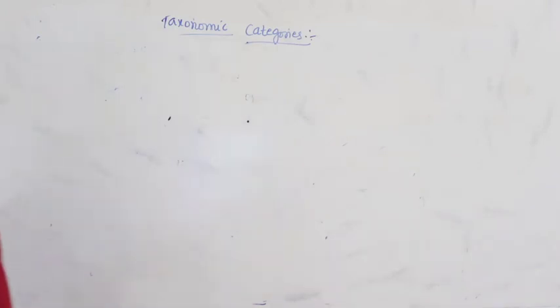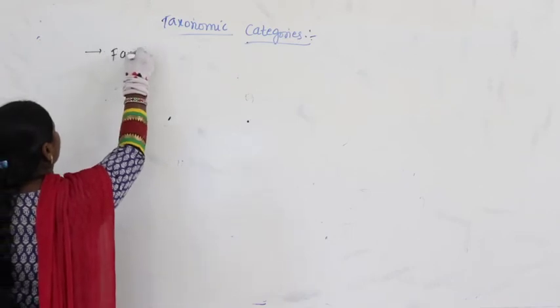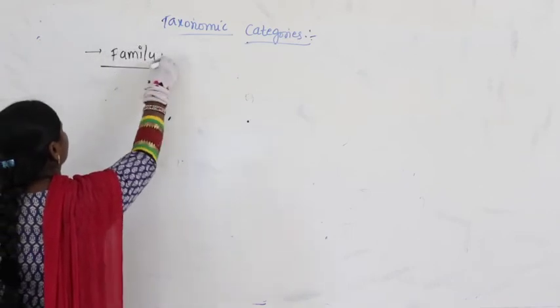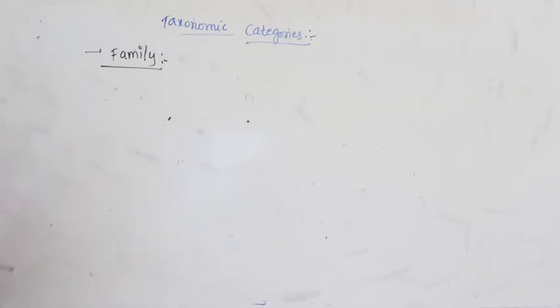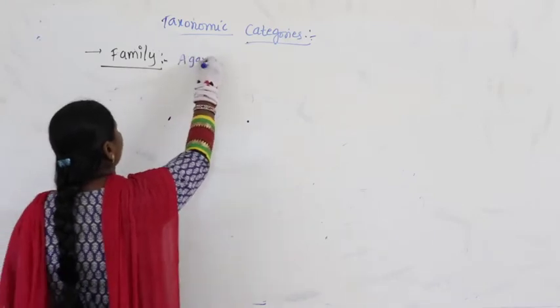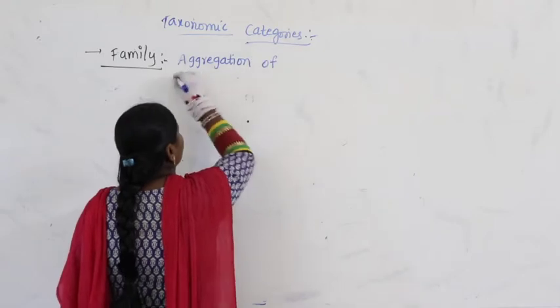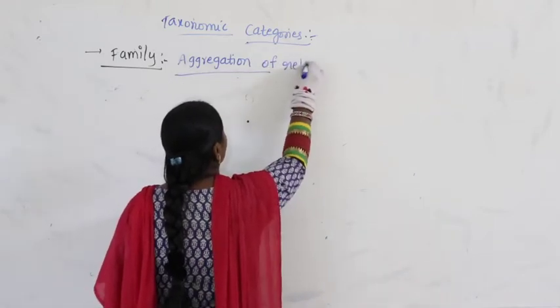What is the next category we have to study now? The next category is nothing but family. We have to take into consideration family. So what we say here? It's nothing but aggregation of related genera.